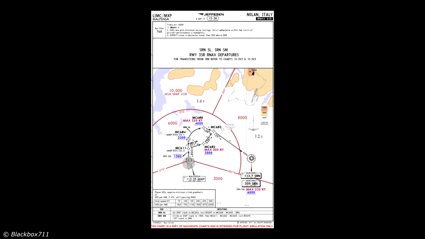And then you would have to take 5 Lima, the longer way around, because there you can have maximum speed of 220 knots. But personally, if I look at the track distance, 2 miles, another 2 or 3 miles, it's 5 miles, and then 3 to Mike Charlie 603, so 8 miles. I would be maybe at 10,000 feet.